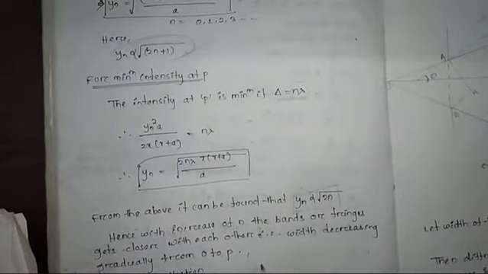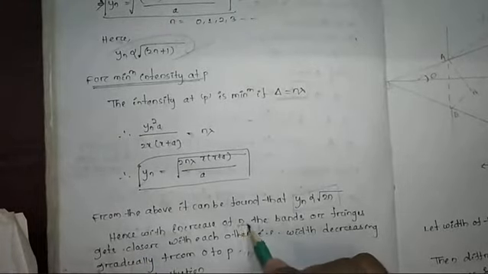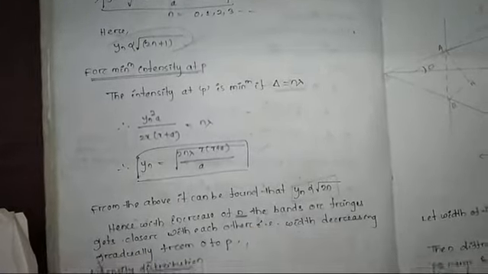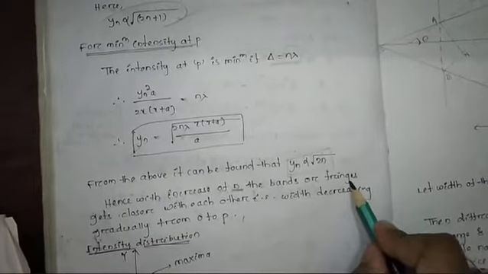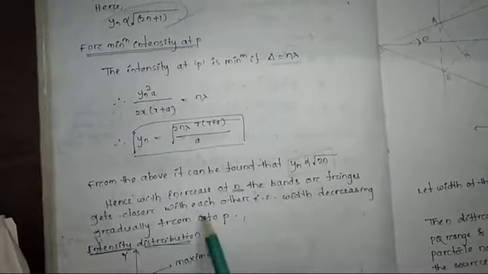From these two expressions we find that with increase of n, the bands or fringes get closer to each other.